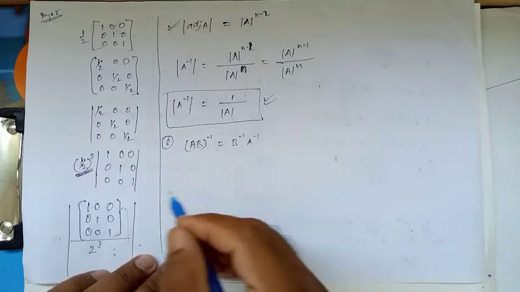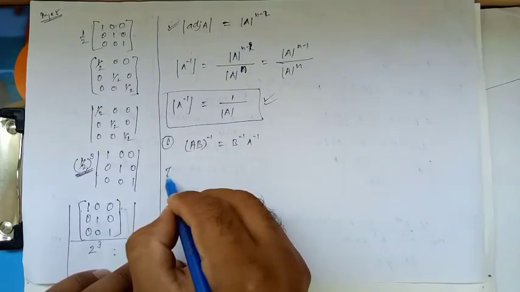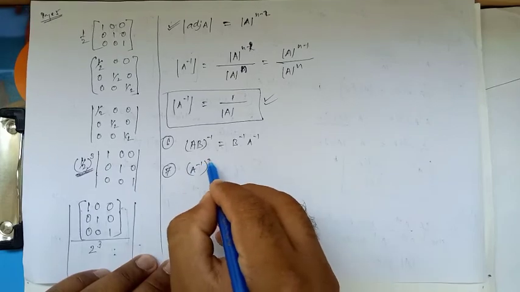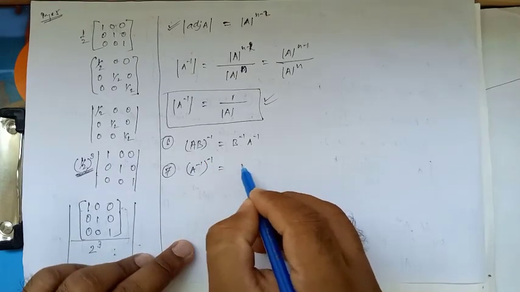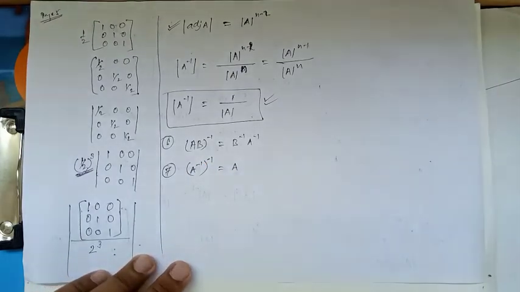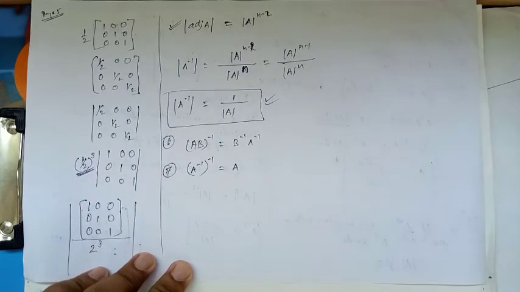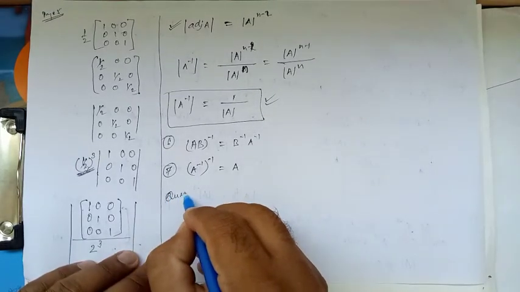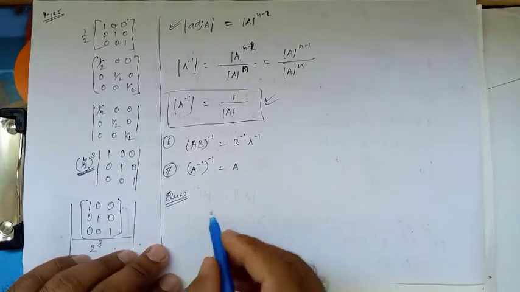It is very easy, you can do that. Seventh one, if you are taking the inverse of A inverse, then you will get the same matrix. So this is also one of the properties, and we'll solve one question on this.